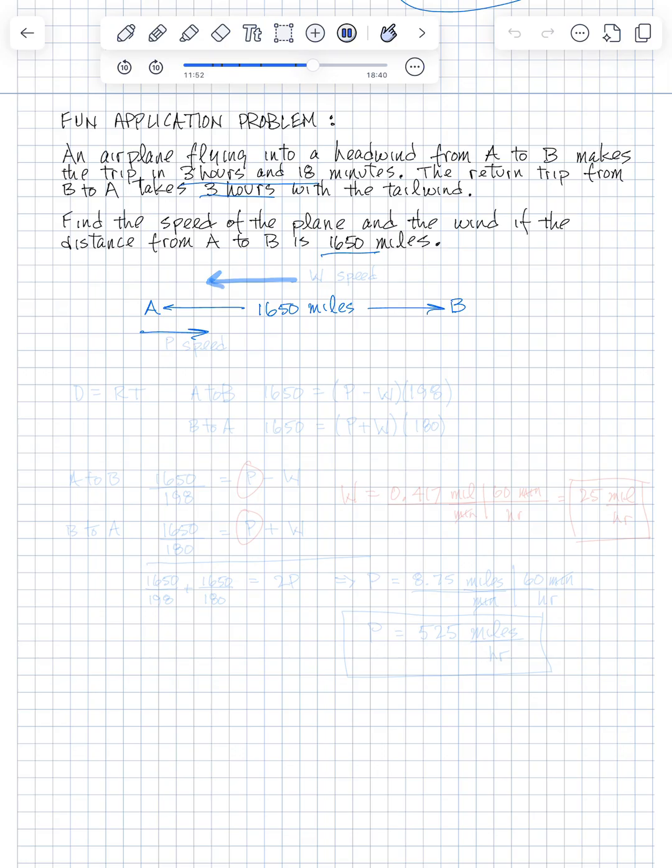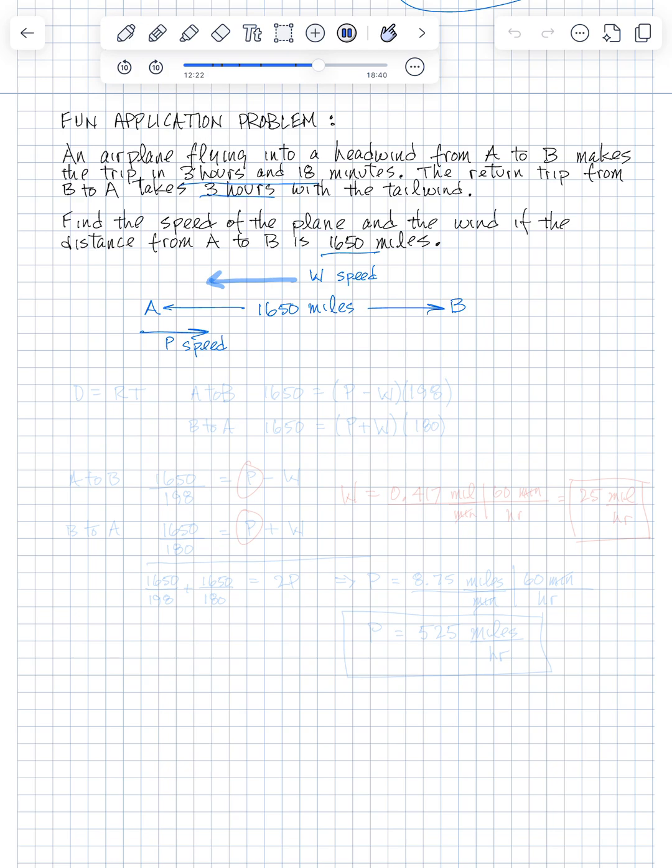We'll call it W. And we'll call this P for plane, and this is going to be the rate, or we'll call it the speed. P is the plane speed.